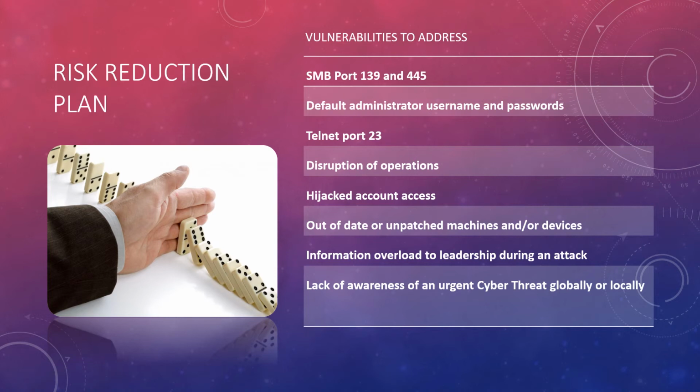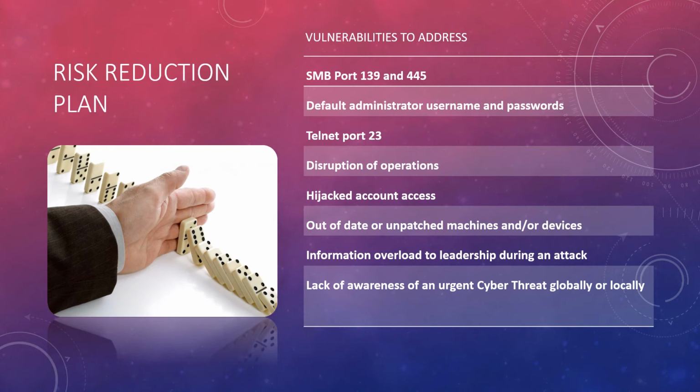Out of date or unpatched machines and or devices. Now, most of the attacks that were able to get through our defensive measures were exploiting known vulnerabilities, many of which are patchable, are updatable by the operating system, hardware, and software vendors.